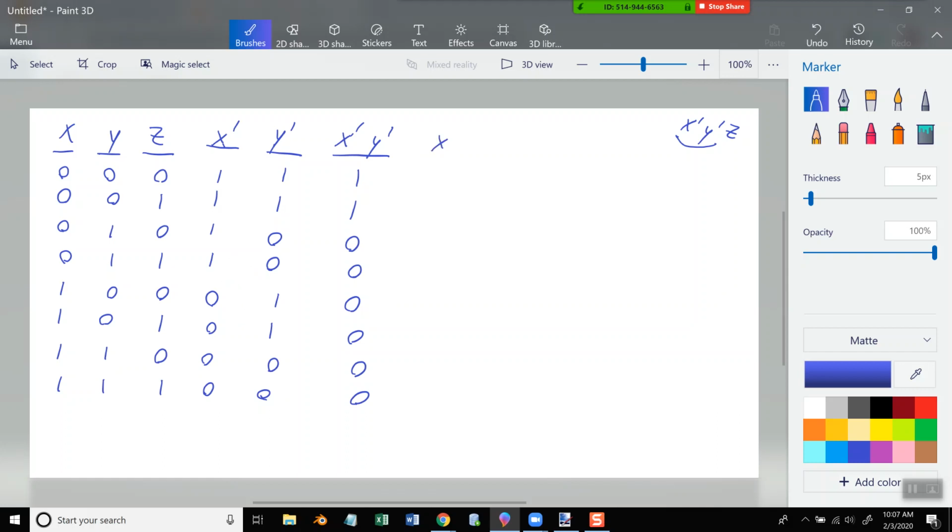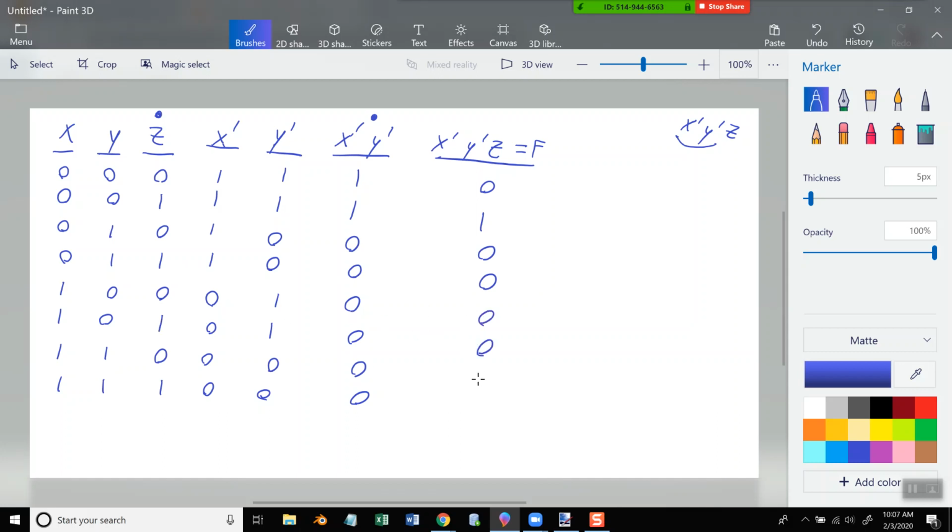And then X prime, Y prime, Z, which is the F they're referring to, would be to take this column and multiply it times this column, because there's an and there. Again, how that's read is not X and not Y and Z. Okay, 0 times 1 is 0. 1 times 1 is 1. 0 times 0 is 0. 1 times 0 is 0. 0 times 0 is 0. 1 times 0 is 0.